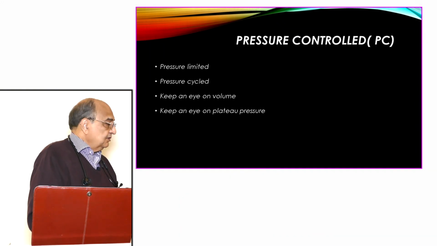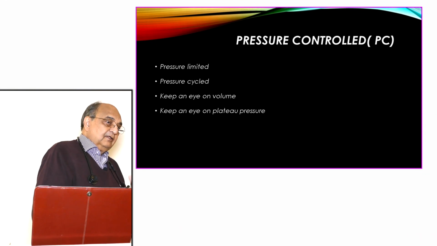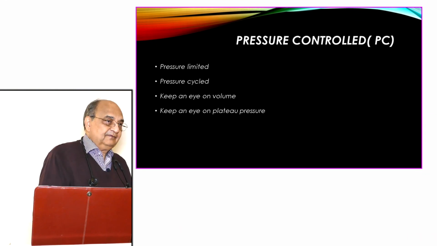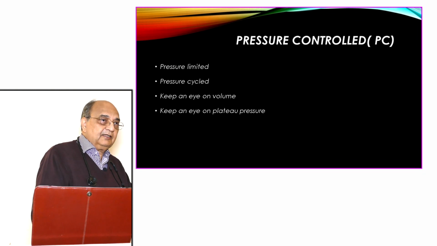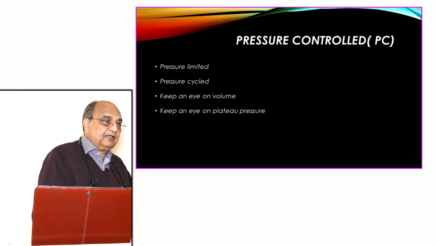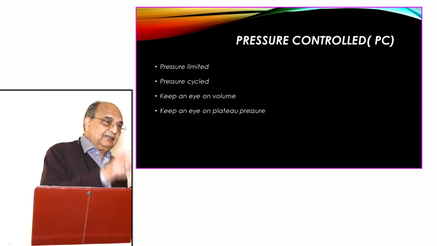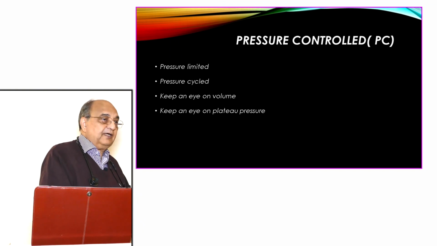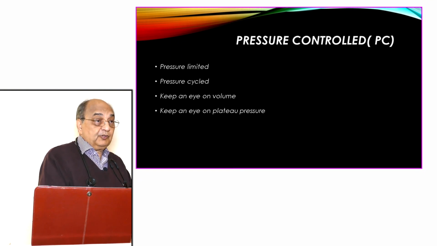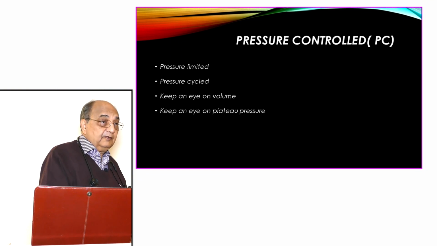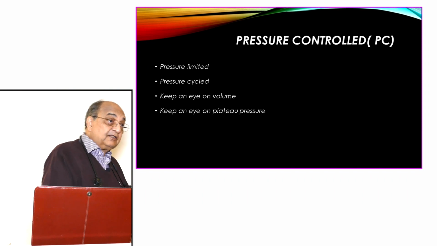Now, how much volume is going into the lung? Because you know already this patient needs 500 of tidal volume, and you adjusted pressure of 15. Whether this 15 is enough to push this 500 or not, then you look at the volume. When you put them on pressure control, you look at the volume. When you put them on volume control, you look at the pressure.